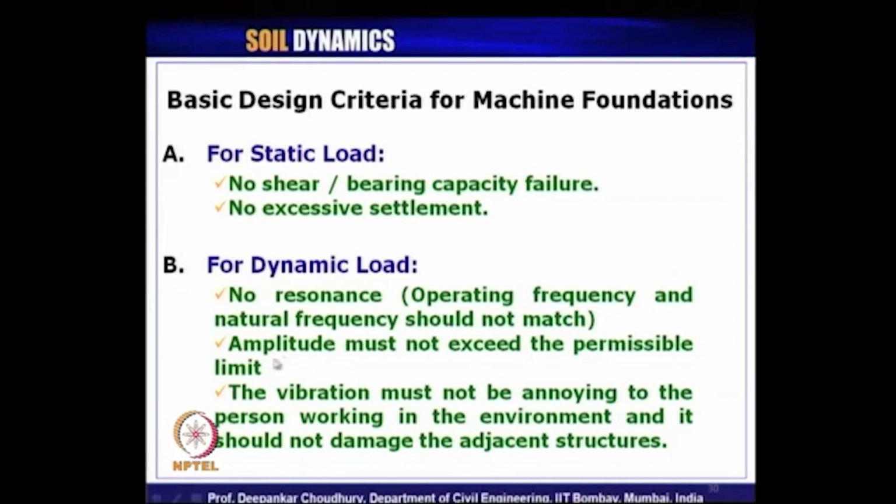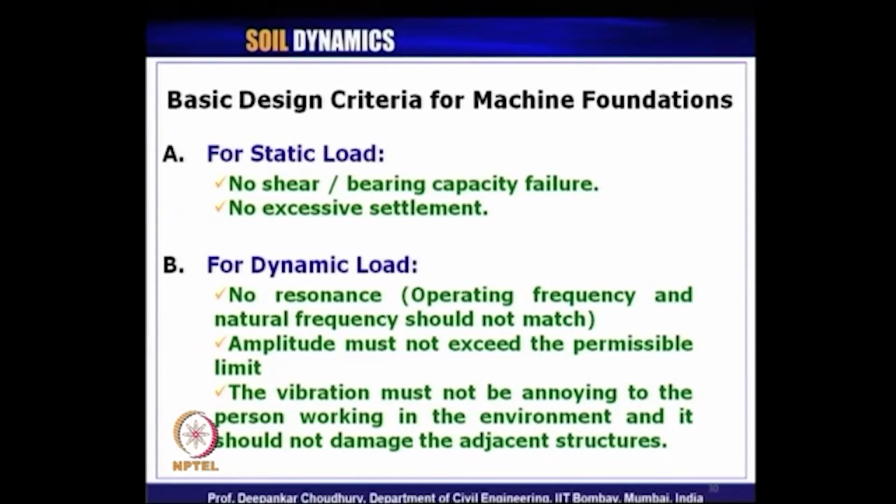Okay. The second important criteria for design is the dynamic displacement amplitude, the amplitude of displacement under dynamic condition, that we are obtaining. That amplitude must not exceed the permissible limit. That permissible limit again will be given by different codal provisions, that we will discuss for our IS code.